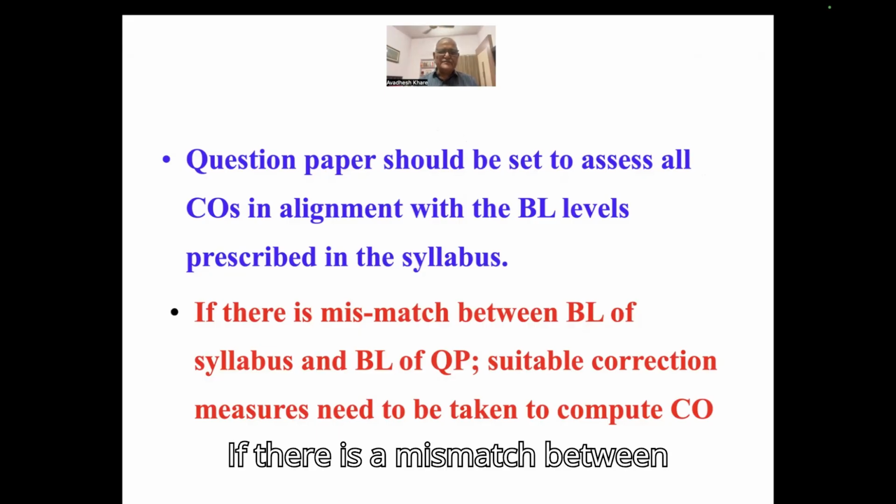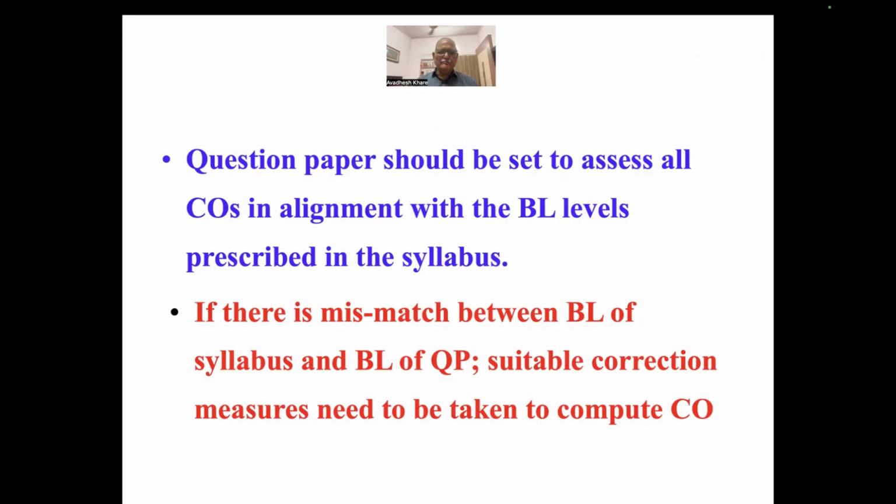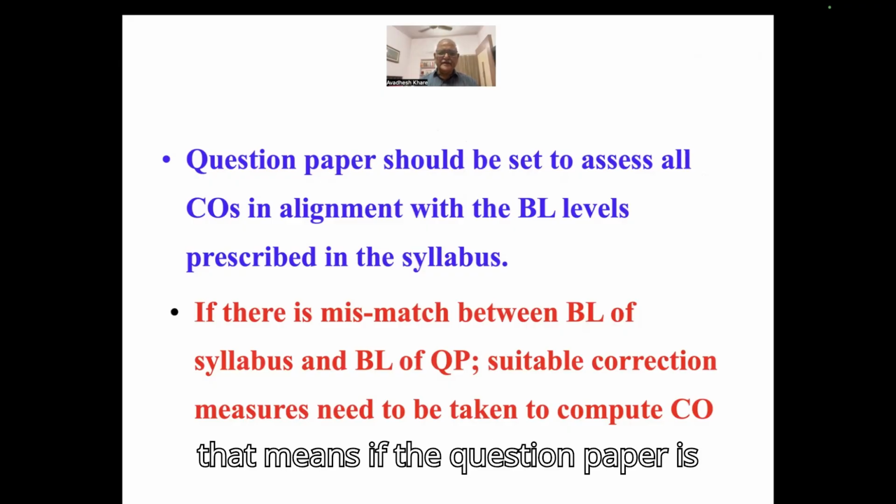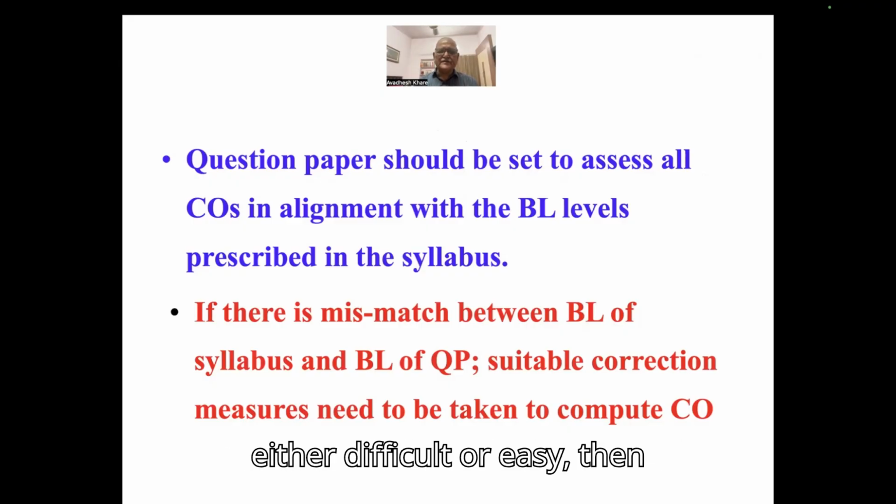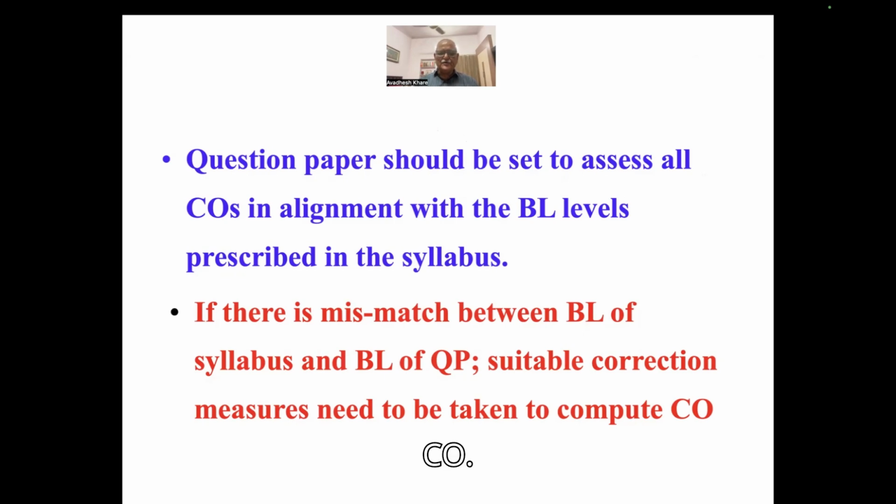If there is a mismatch between the BL of the syllabus and the BL of the question paper, that means if the question paper is either difficult or easy, then suitable corrections must be made to compute CO.